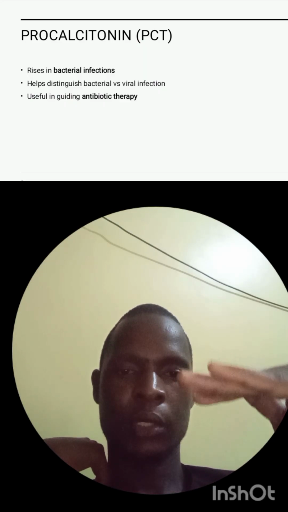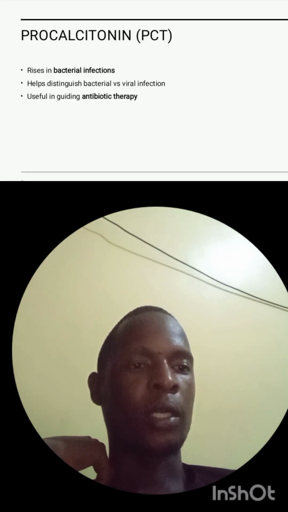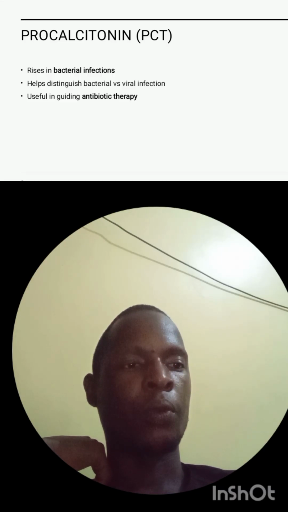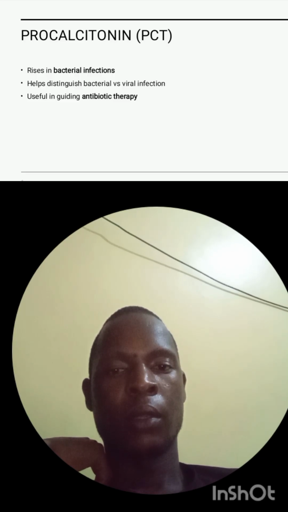Of course, when the PCT keeps reducing, that is a good sign that you are responding well to treatment. When it is not, then something more needs to be done to find out where the problem is. Maybe wrong diagnosis, maybe resistance to the drugs that you are using, or maybe your condition is worsening.